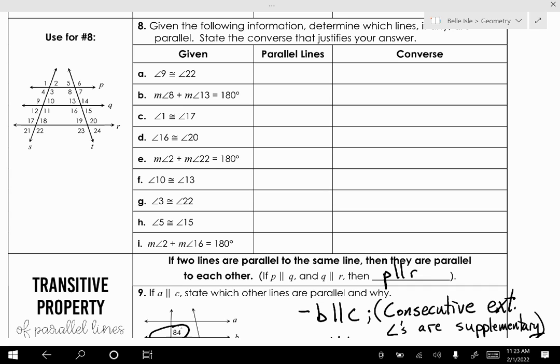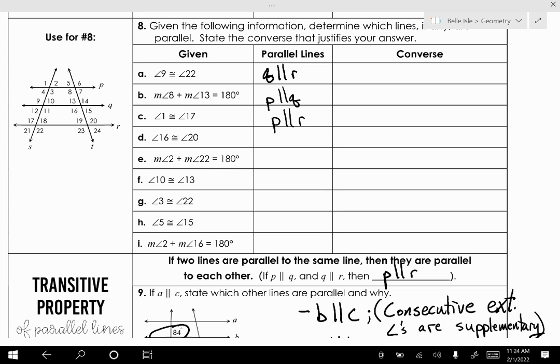Okay, I'm going to put the solutions for number 8 on the notes up here. Homework's right there.